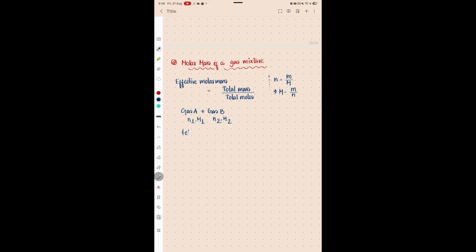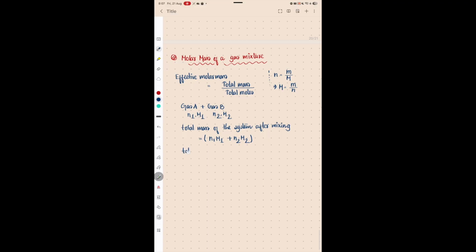So then total mass of the system after mixing is equal to n1 M1 plus n2 M2, right? And total mole is equal to n1 plus n2, right?